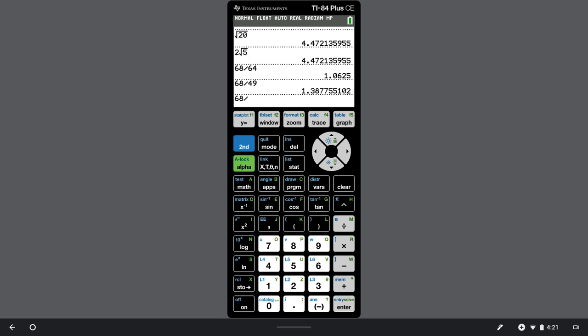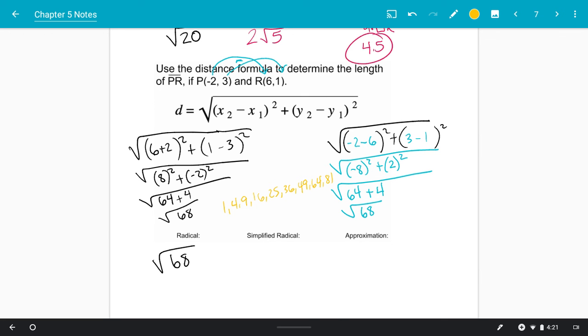Nope. 68 divided by 36. 68 divided by 25. 68 divided by 16. Nope. 68 divided by 9. No. 68 divided by 4. Okay, so that one. 68 is going to change into 4 times 17.